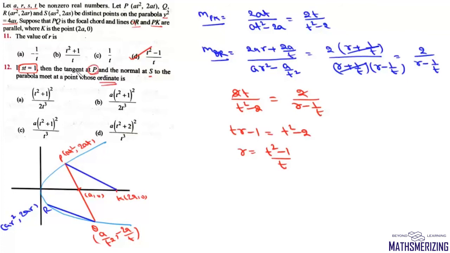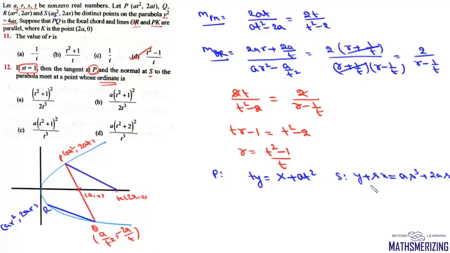So now we'll write the equation of tangent at point P. The equation of tangent at point P is given by ty equals x plus at square, and the equation of normal at any point S, for S its parameter is s, so it will be y plus s into x equals a s cube plus 2as.